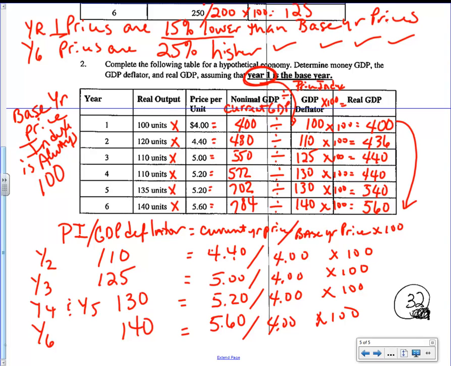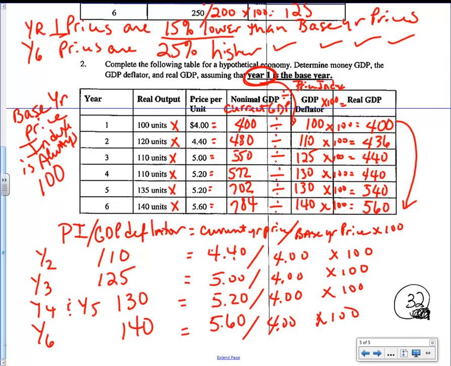So as we can see, we are growing from 400 to 436. Real GDP is going to give us growth in production. So we've grown by $36, or if this is in millions, $36 million. From year 2 to year 3, we've grown by 4. We stayed the same in year 4.